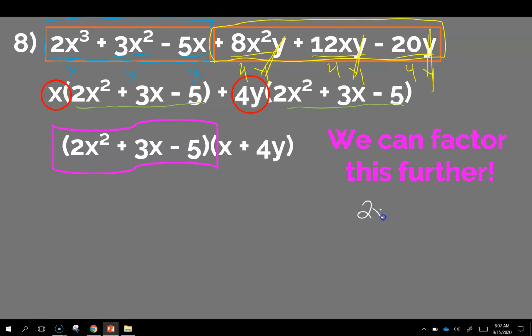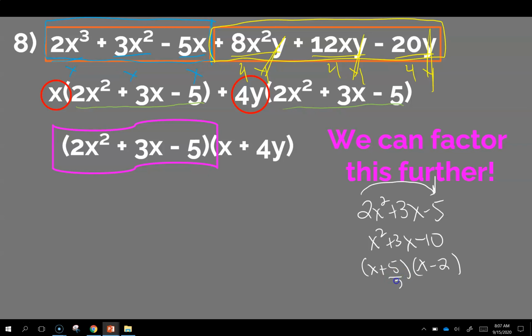So we have 2x squared plus 3x minus 5. Slip and slide means I slip my 2 to the end. That gives me x squared plus 3x minus 10 because we multiply. Then I'm going to factor, so it multiplies to give me negative 10, but it's going to add to give me a positive 3. So that's going to be a positive 5 and a negative 2.